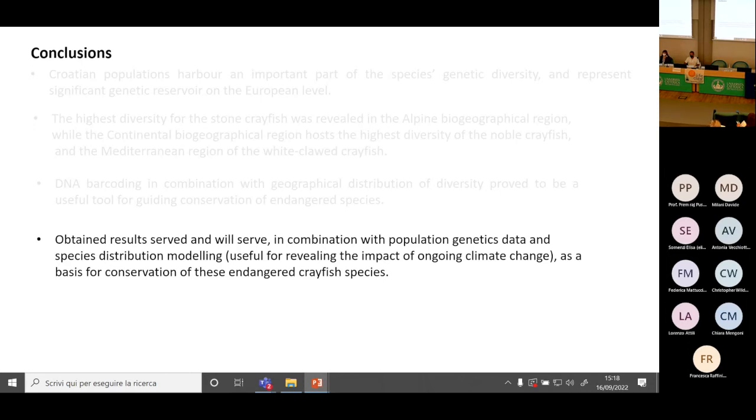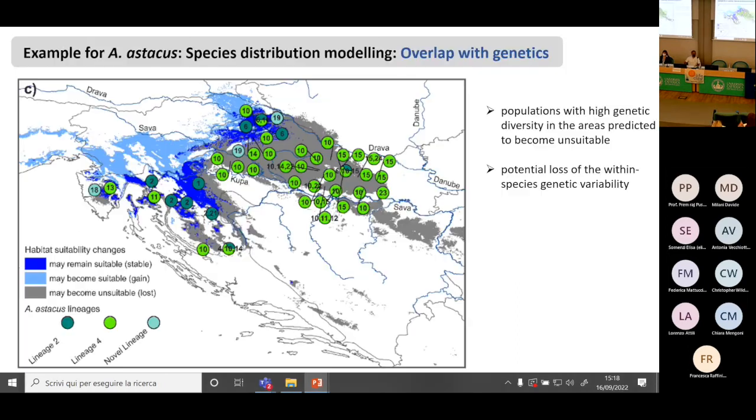I said they already served, so we already have some results, and I can show them. This is an example for noble crayfish in which we applied species distribution modeling, using scenarios for the future under different climatic change scenarios.